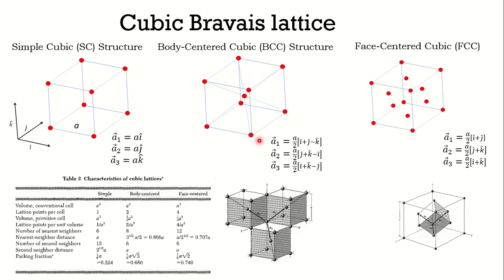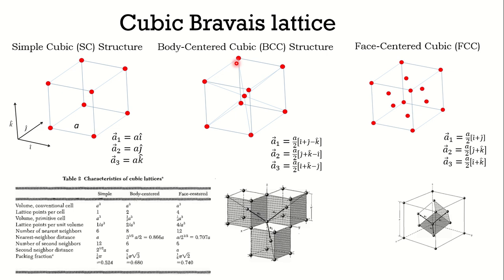And for body centered, I have one extra lattice point at the center. So for this, the primitive lattice vectors are a1 equal to a by 2 (i cap plus j cap minus k cap), a2 equal to a by 2 (j cap plus k cap minus i cap), and this is a3. Now what do these vectors represent? These vectors actually represent these body centered lattice points.